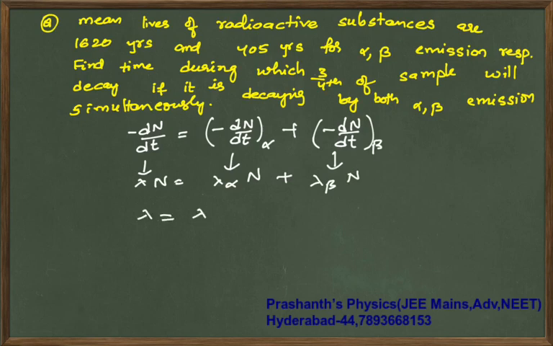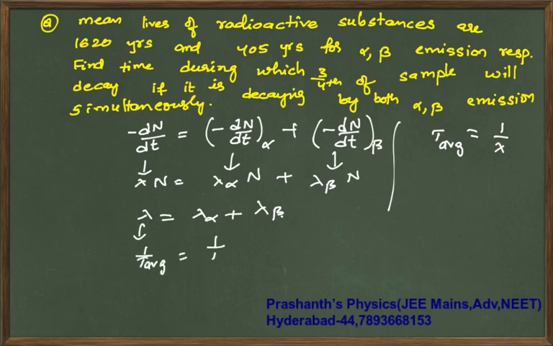So your lambda is equal to lambda alpha plus lambda beta. Now we know that the average life is 1 by lambda. So 1 by T average is equal to 1 by T alpha plus 1 by T beta. So I am replacing the effective lambda with 1 by T alpha plus 1 by T beta.